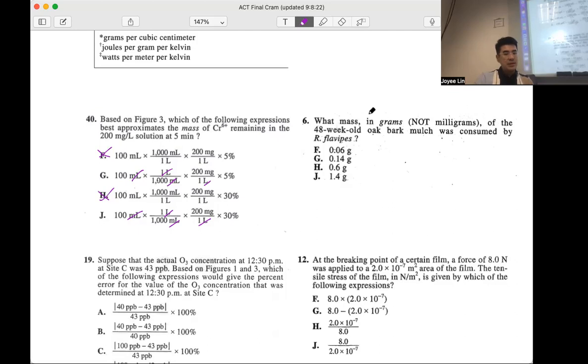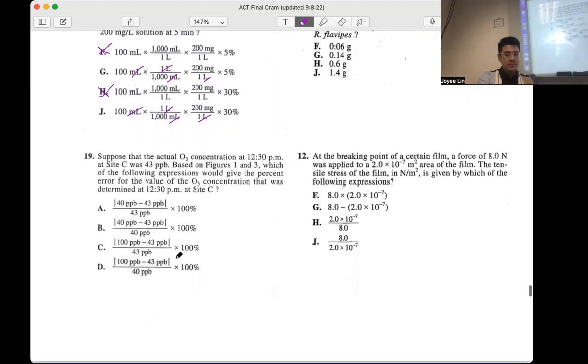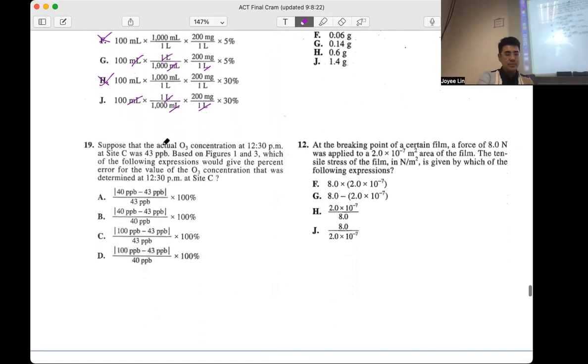Here's another type of last question, right? Grams, they're nice here, not milligrams. They don't even have to put that one there, right? So gotta pay attention to this one, right? Suppose that the actual concentration was 43.